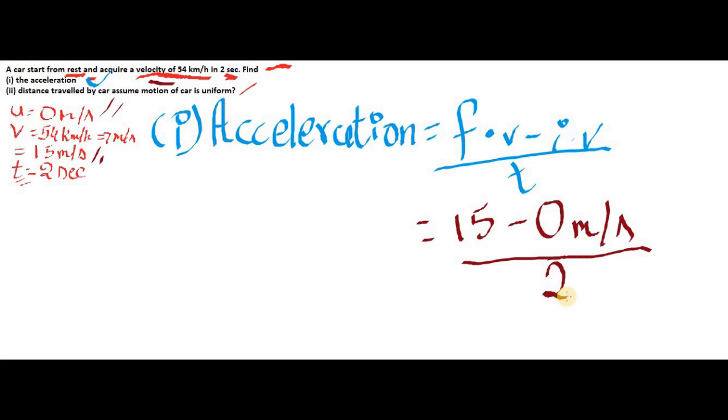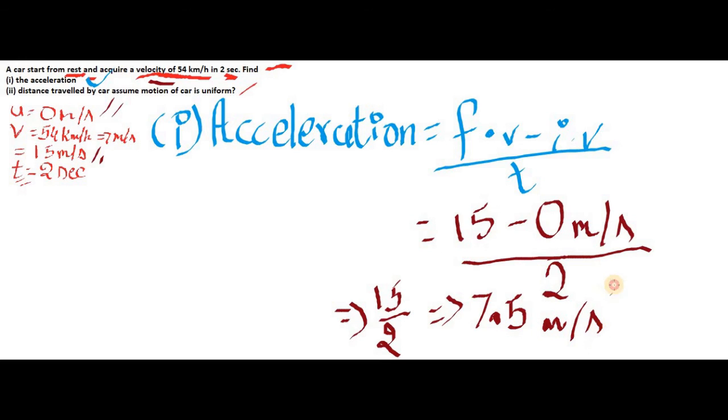Now just simplify it. 15 minus 0 is 15. This calculation is very simple. So 15 by 2, what is it? 7.5 meter per second square.